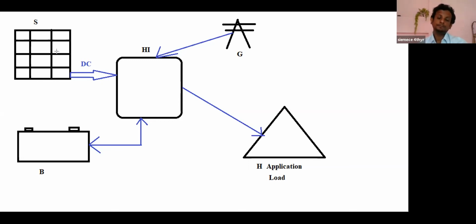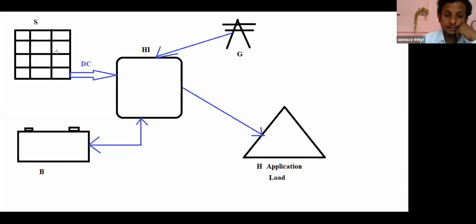Then we have the battery, which can take power to charge, and at the time of requirement it can provide power to the home load. And then we have grid power, which we normally use in our daily life.